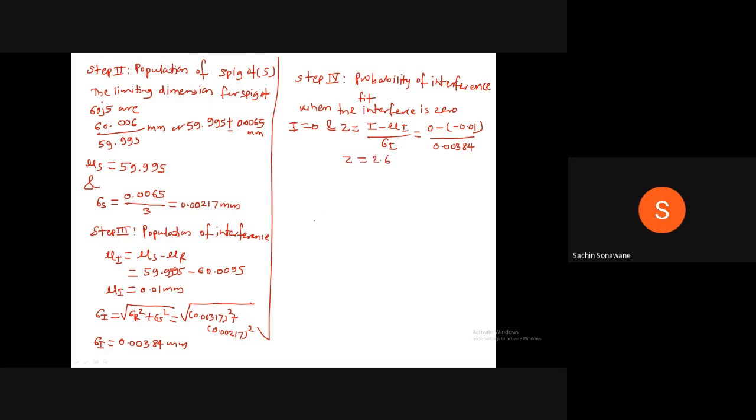Now we'll draw the graph. This is 2.6. This is 0. Now here I is equal to 0, that is up to Z is equal to 2.6. There is no interference if Z is less than 2.6.